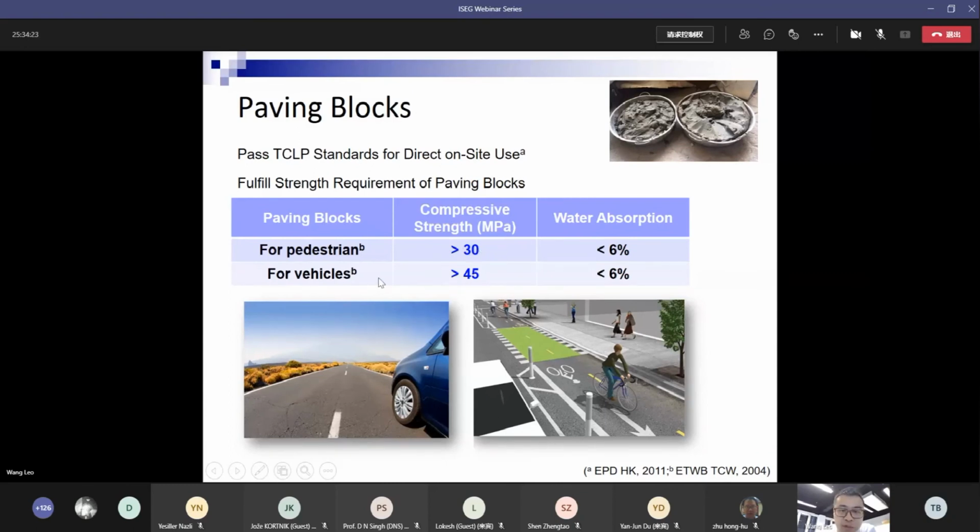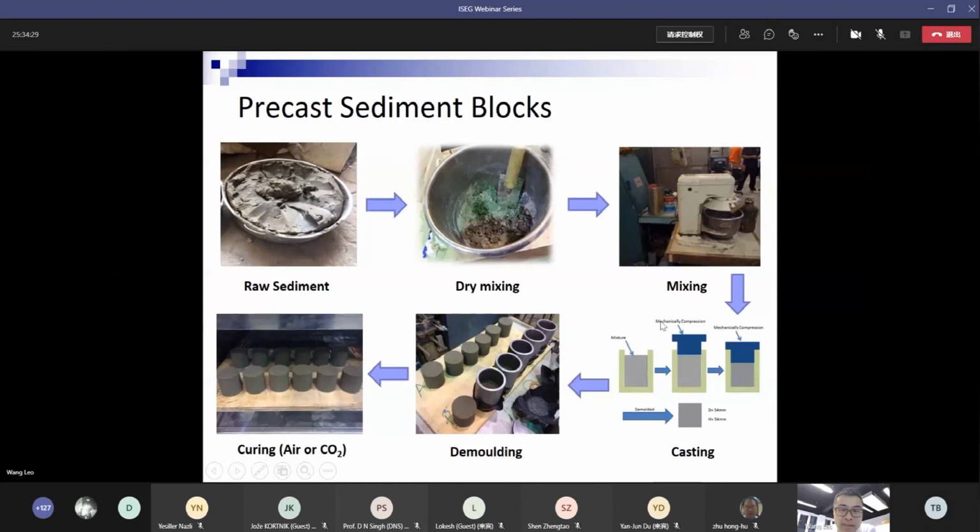For vehicle use, the strength should be higher than 45 MPa. This is the experiment procedure. We use the dry mix method, use pressure to produce the sediment blocks, and use air curing and CO2 curing.